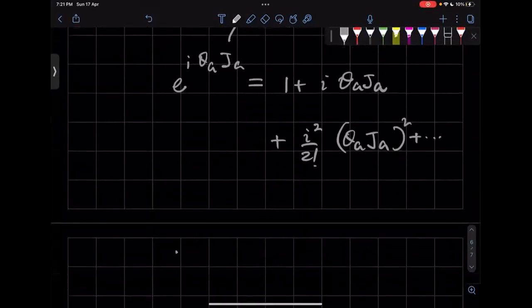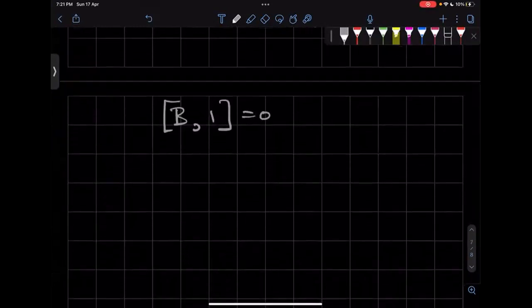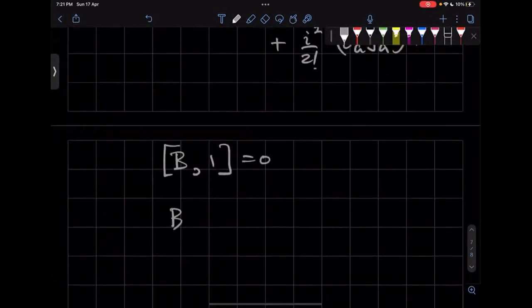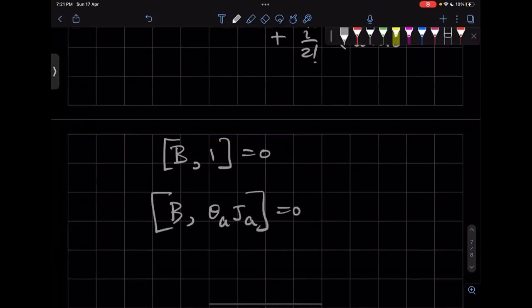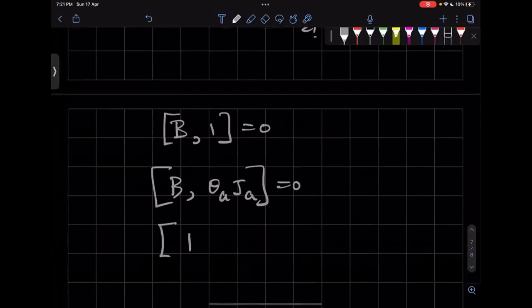So now, of course, every matrix commutes with the identity matrix. But if a matrix commutes with, say, theta_A J_A, then of course it'll commute with any power of that matrix, right?